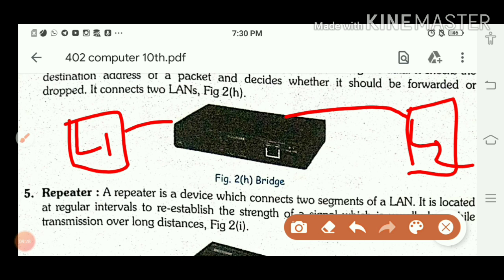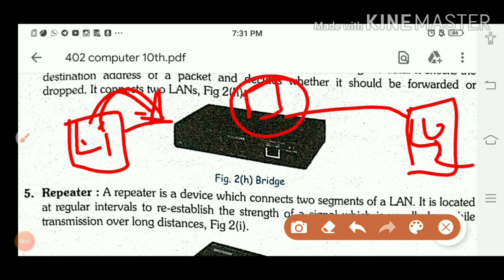So the function of the bridge is to connect these two LAN networks. In LAN 1 so many computers are there, and in LAN 2 also so many computers are there. Now any computer sending information from LAN 1 through the bridge to the LAN 2 network, the bridge will decide whether this packet contains suitable data or not.